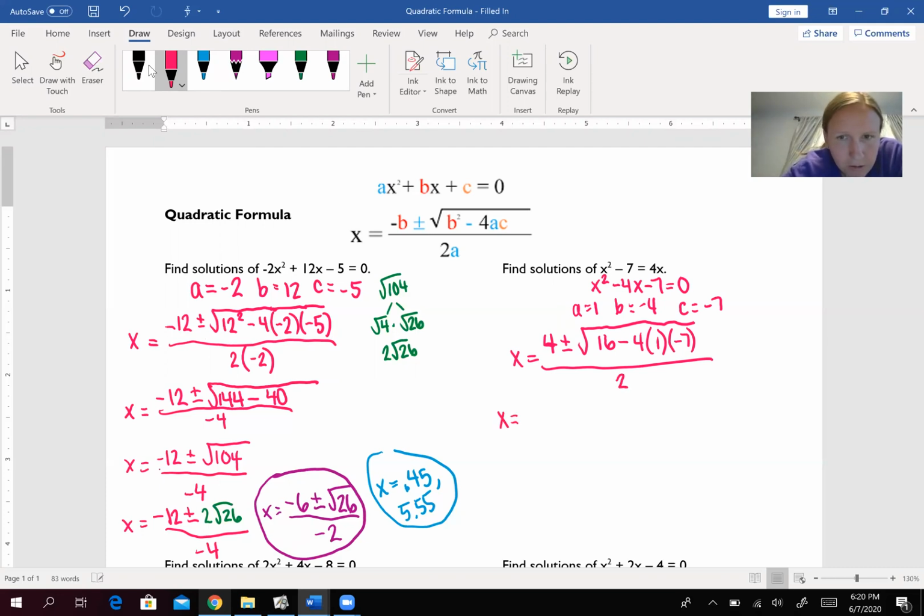Keep going. X equals 4 plus or minus square root of 16. And then this is 4 times 7, 28, with 2 negatives. So we'd be adding 28 over 2, which is x equals 4 plus or minus the square root.